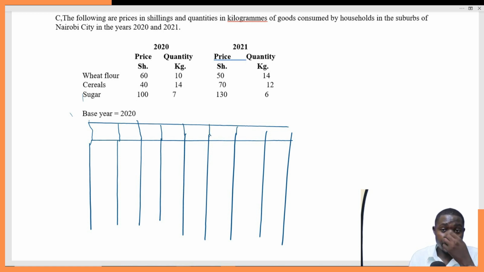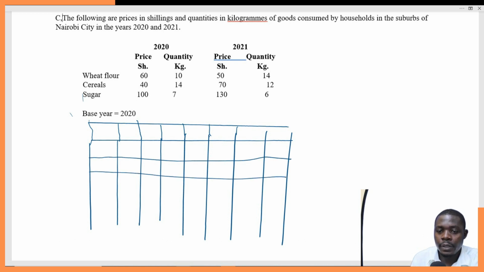Now for 2020, I'm only going to pick the prices. Let me draw this straight line there. Let me call them prices. Then here we are going to have the column for wheat. We have cereals.